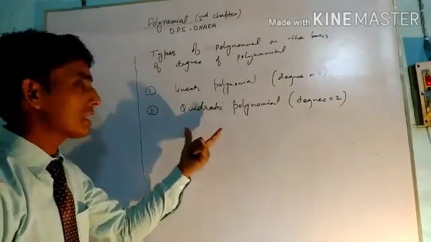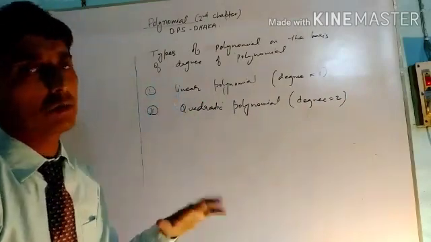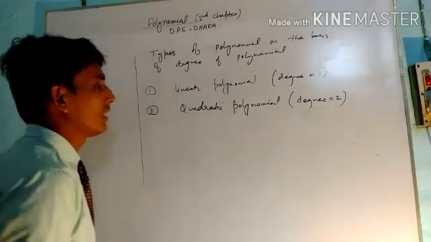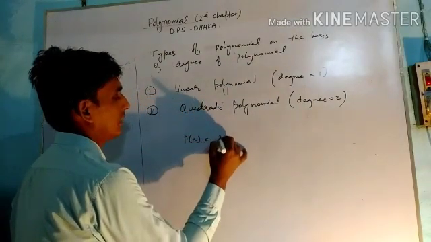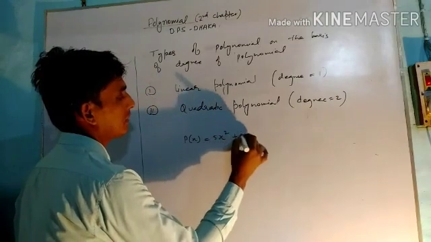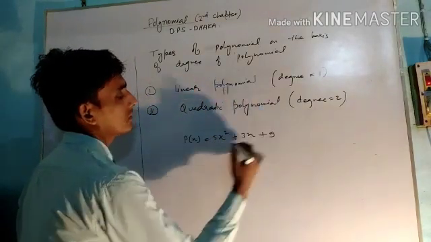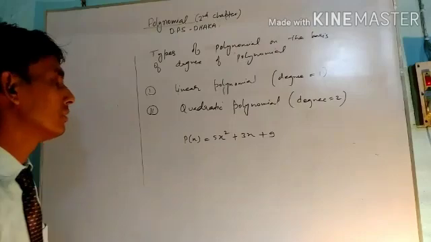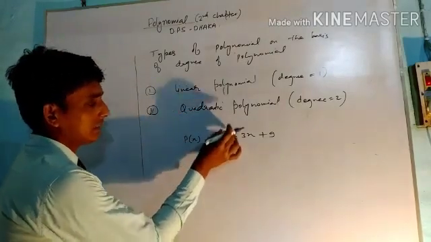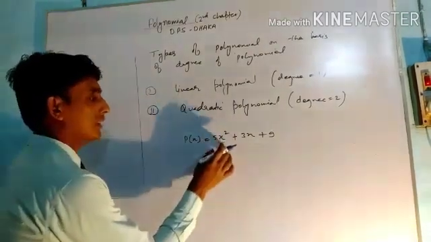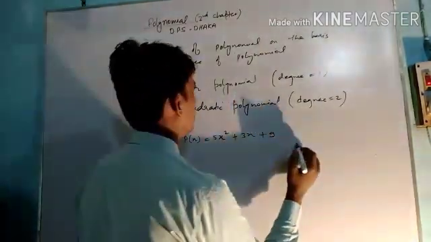If the highest power of the polynomial is 2, then that type of polynomial is called a quadratic polynomial. For example, p(x) is equal to 5x square plus 3x plus 9. Here the power of the variable x is x square, so it is a quadratic polynomial.